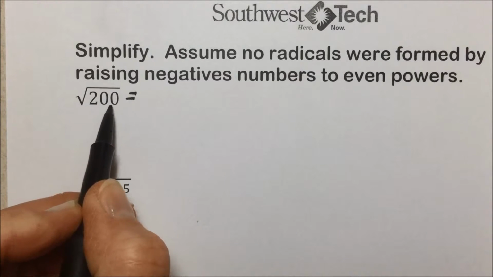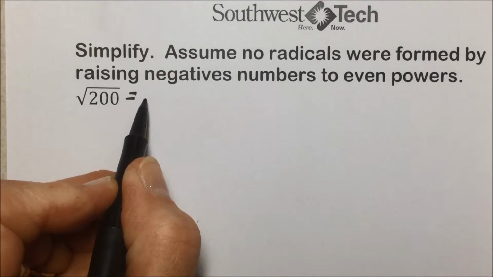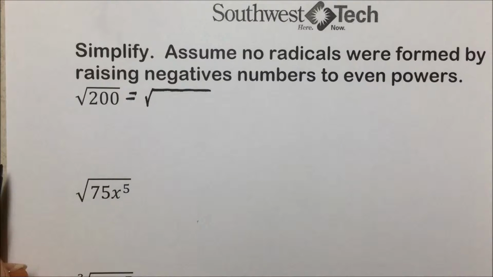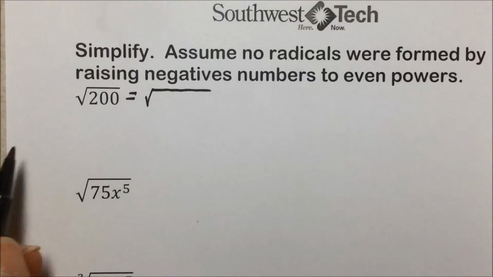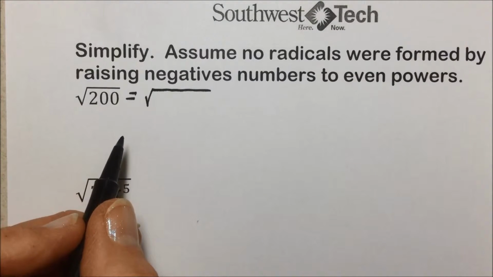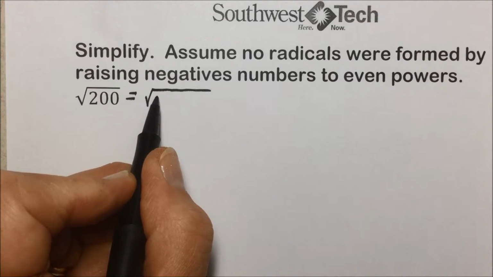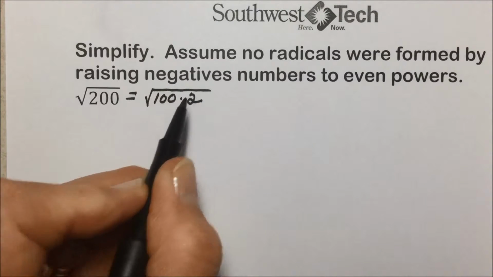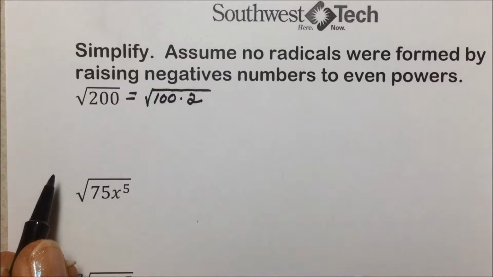But first, let's break 200 down into a product of numbers that perhaps has a perfect square in it. Well, we can break this 200 down into 100 times 2, where 100 is the largest perfect square factor of 200.